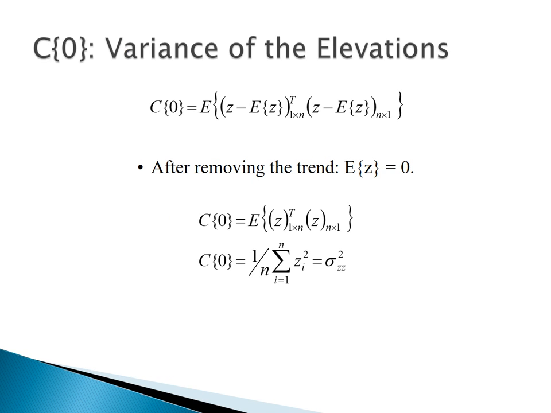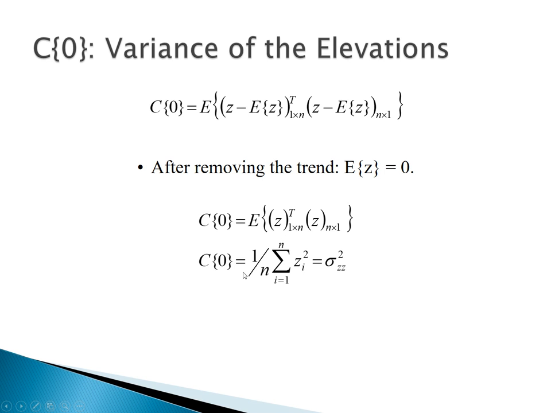Now we're looking at the variance of elevations. This E[Z] is my expectation of Z, which is a statistical calculation. The expectation of Z should equal 0 if you have removed the trend.